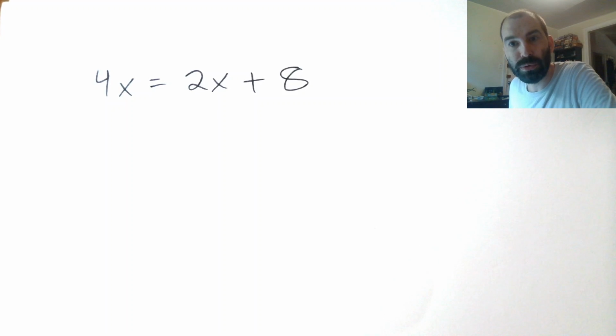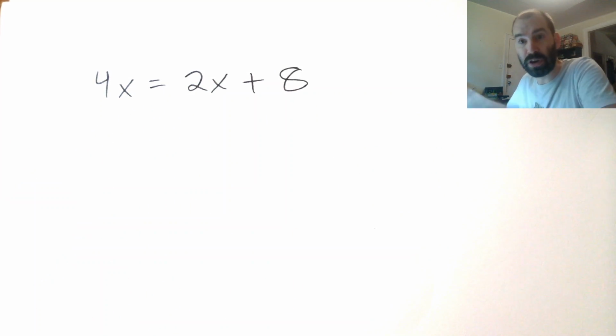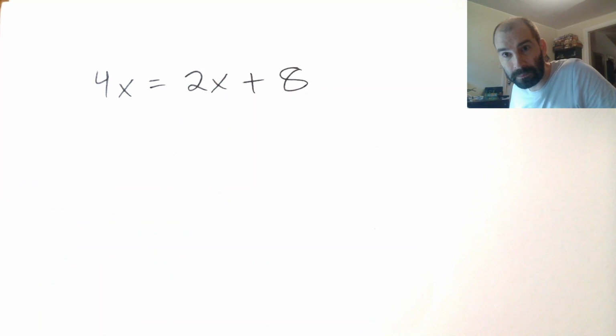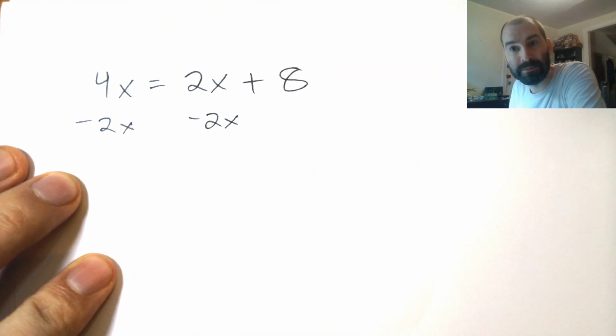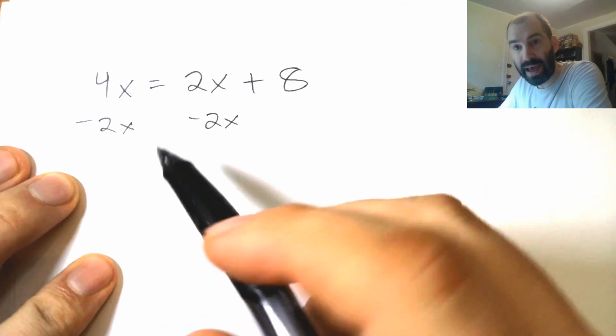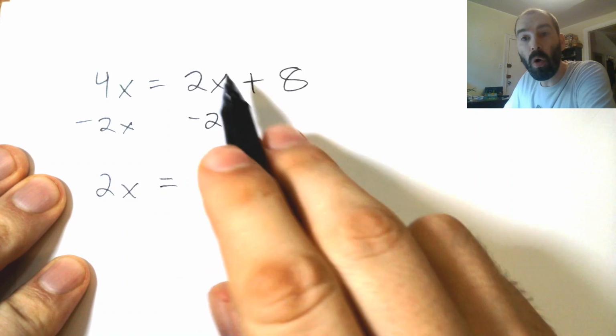What was our first move? Our first move was to start removing x's. So I subtracted an x from the left and I subtracted an x from the right. Removed an x from each side of the scale. And I did that twice. So what I did is I subtracted 2 x's from each side. And when I did that, I was left with 2 x's on the left and no x's on the right.